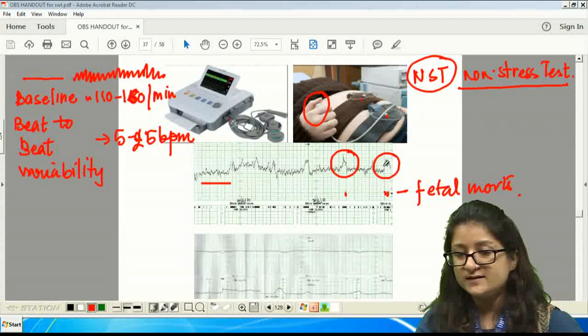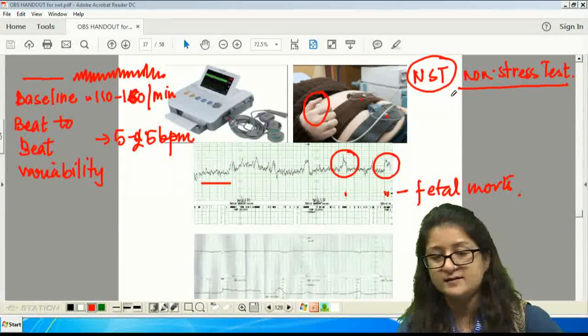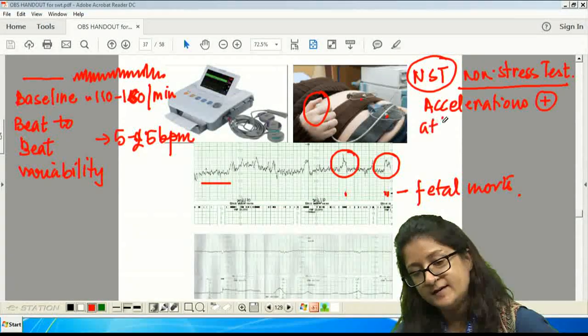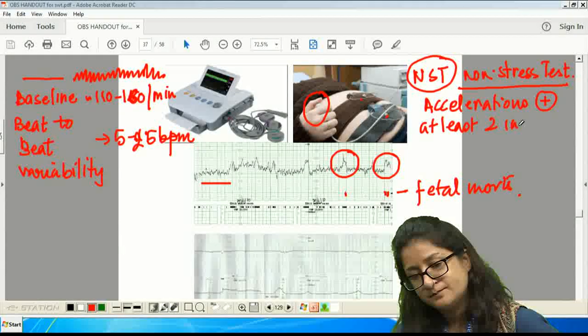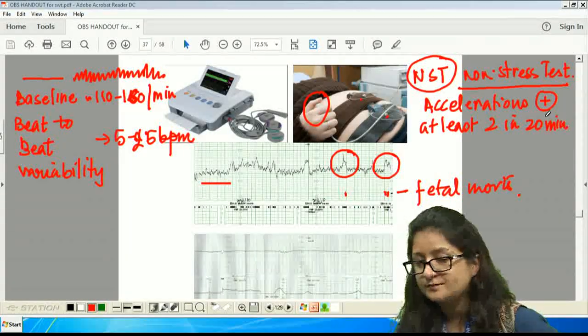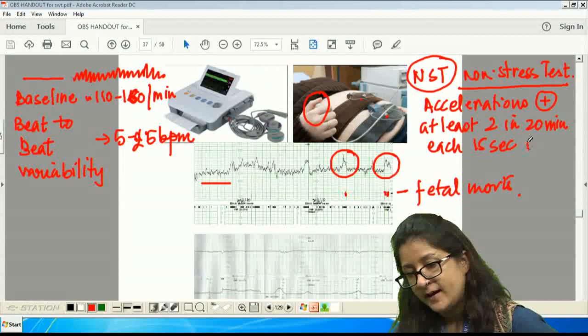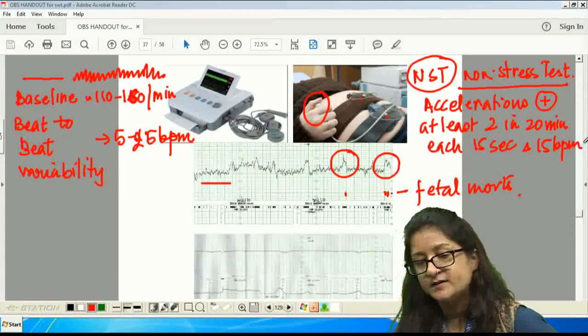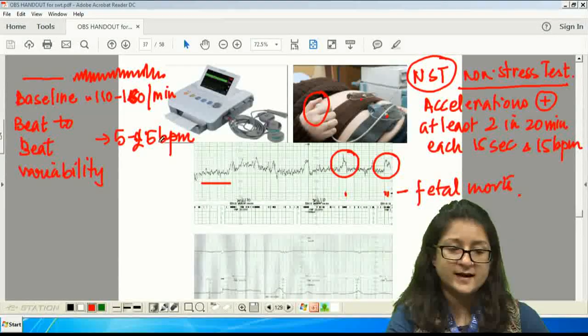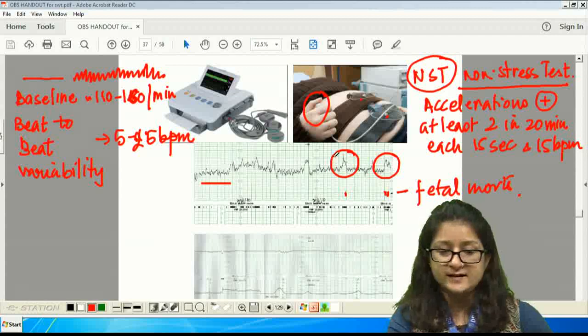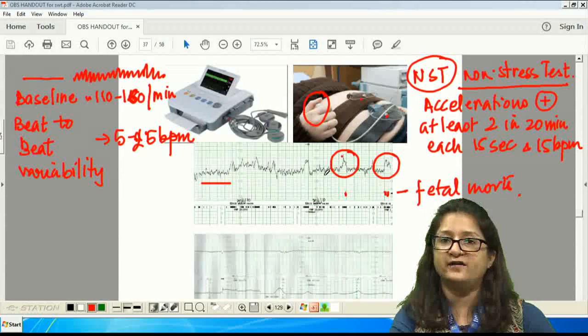Similarly, there have to be accelerations. The accelerations must be present at least 2 in 20 minutes, each lasting 15 seconds and 15 beats per minute. You understand my point? For example, if the baseline is 120, an acceleration of at least 15 should touch 135.